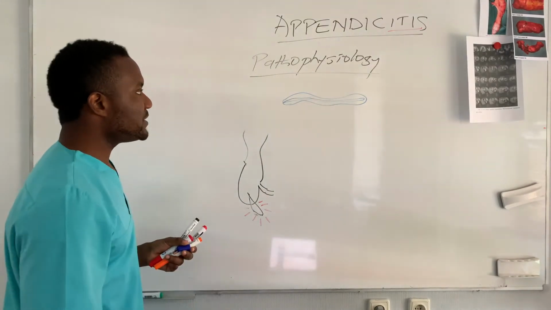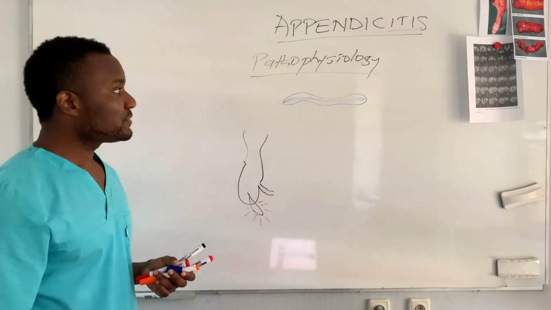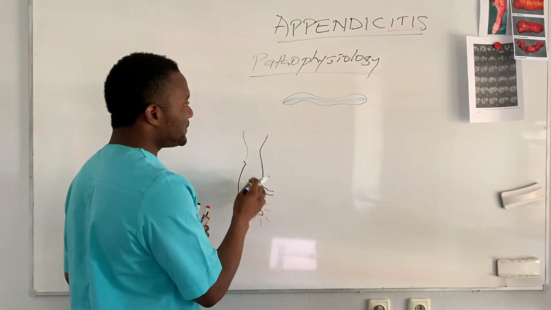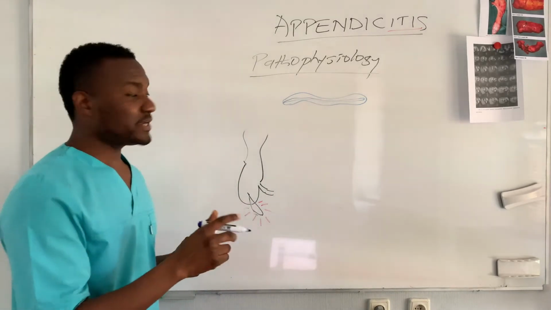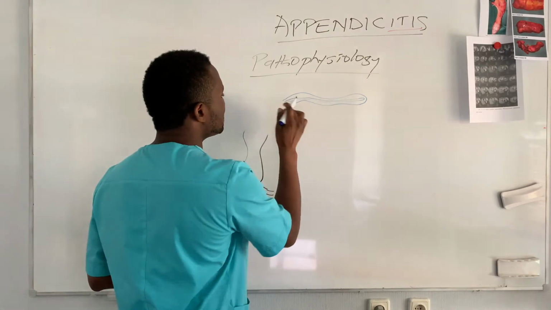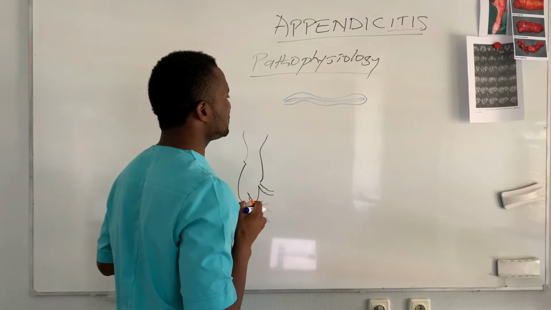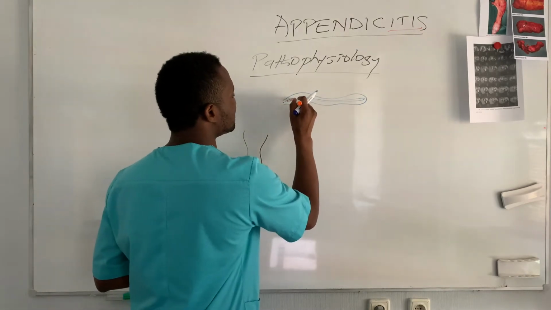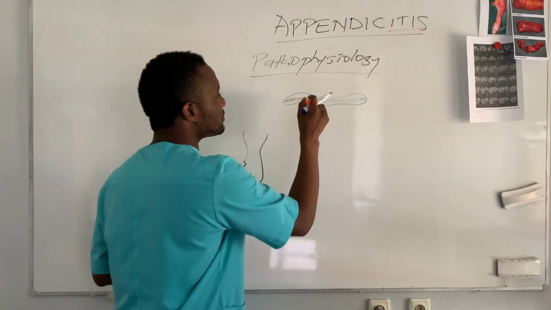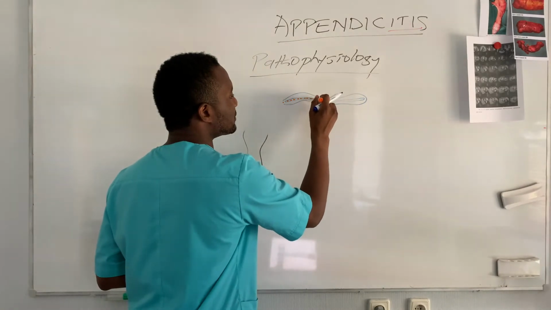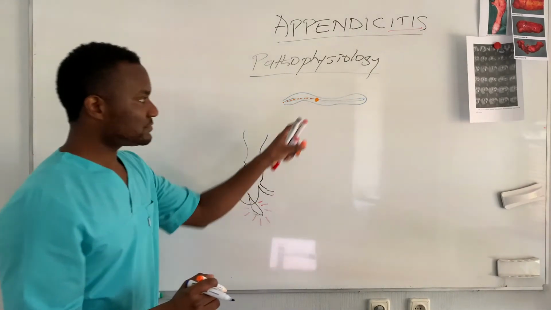So what happens with the appendix? It becomes inflamed. So the appendix becomes inflamed when something, for some strange reasons, gets into the lumen of the appendix. And this causes a blockage or an obstruction here.